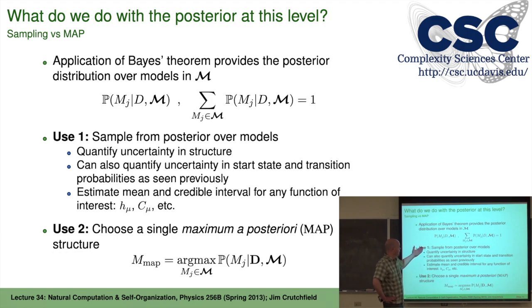I'll go through some algorithms for this, but we can quantify the uncertainty in structure, as well as the uncertainty in start state and transition probabilities that we did in the previous lecture for an individual topology. Then when we estimate things like H mu and C mu, we're taking into account uncertainty in structure, start state, and transition probabilities.